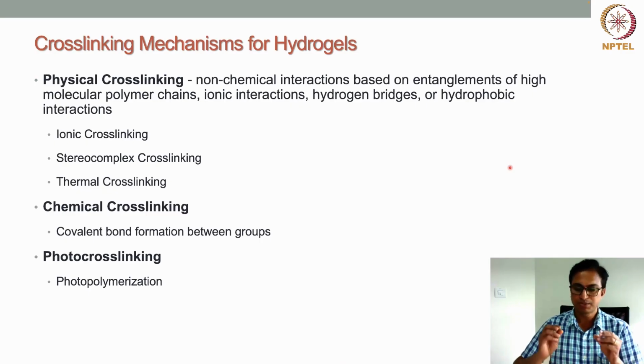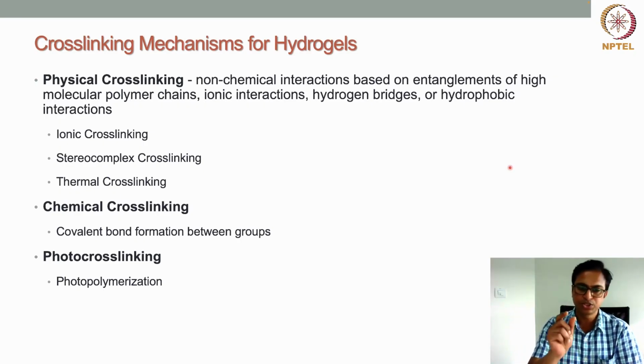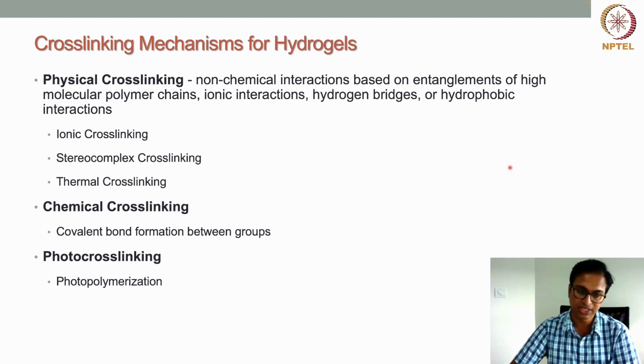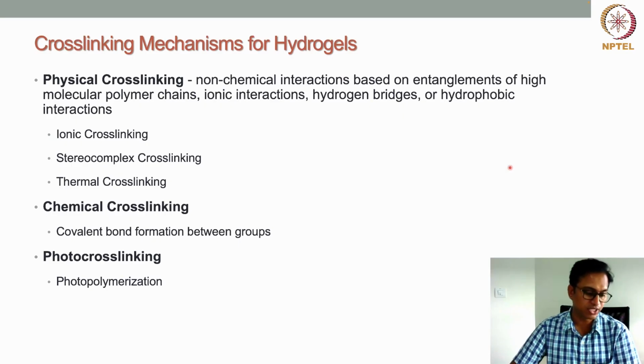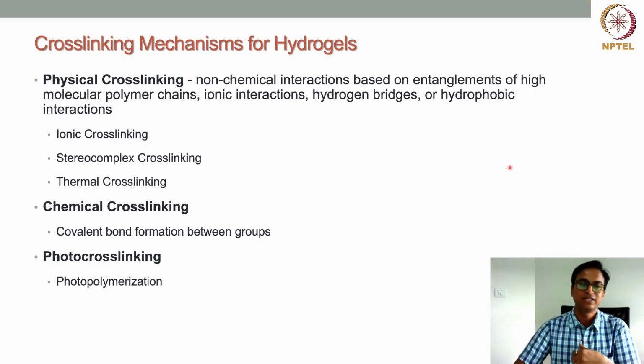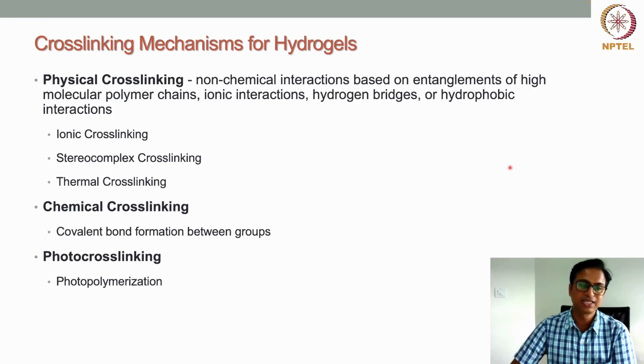We introduce certain cross-linkers that bind two different groups; it can be intermolecular, or within the polymer chain. All these things can lead to chemical cross-linking. It is a very powerful way to introduce cross-linking, because it is irreversible. Mostly physical cross-linkings are reversible in nature, but chemical cross-linking is irreversible. It is a permanent bond formation between the groups.